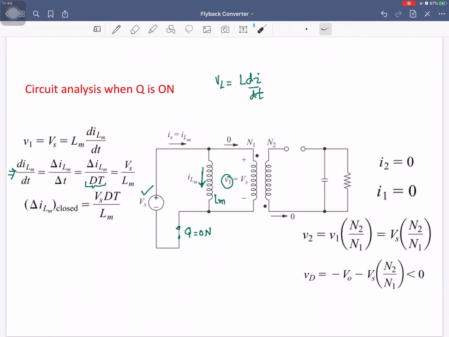If I rearrange it for delta ILm for the closed state, that will be equal to Vs into d into t by Lm. So this gives us the change of the current in the magnetizing inductance. Okay, so this equation is obtained just by rearranging the terms in this expression.